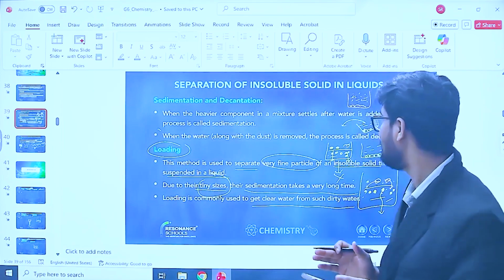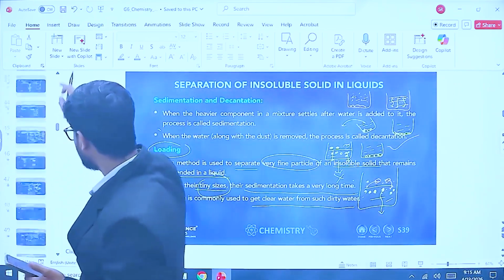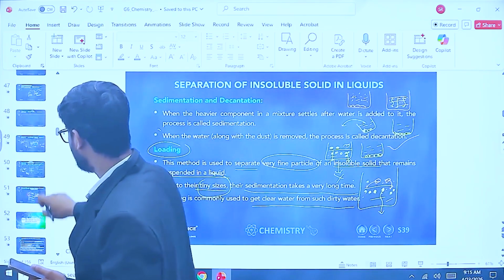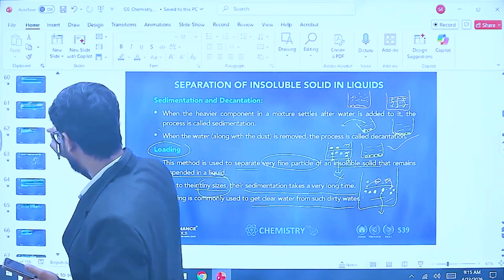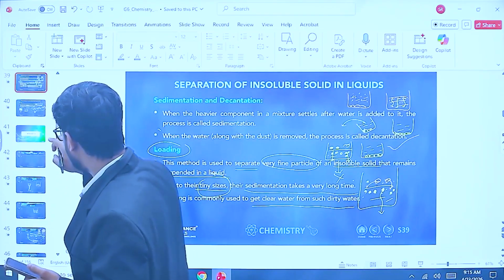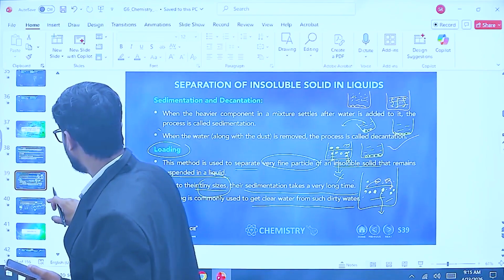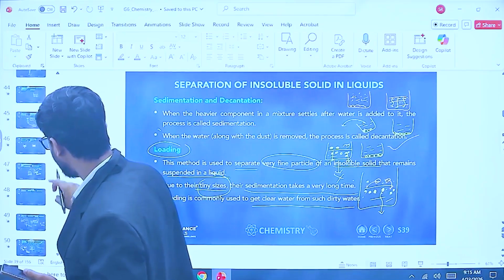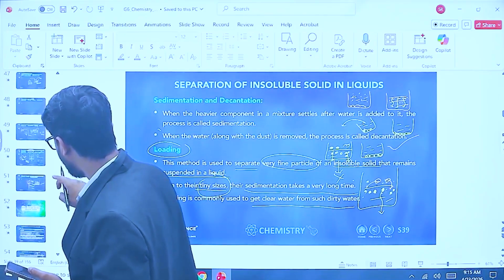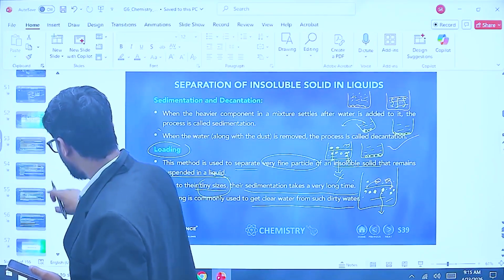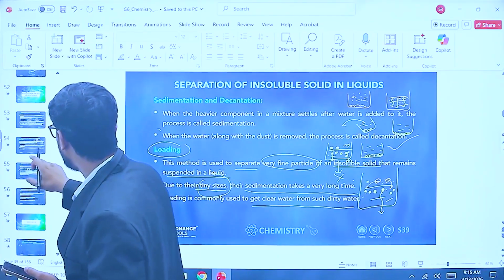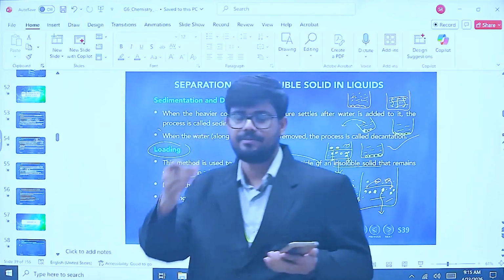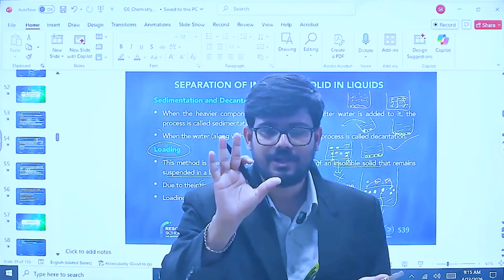See, receiver flask. Just now I explained that. Actually, the diagram also got lost. See, receiver flask means, imagine distillation.